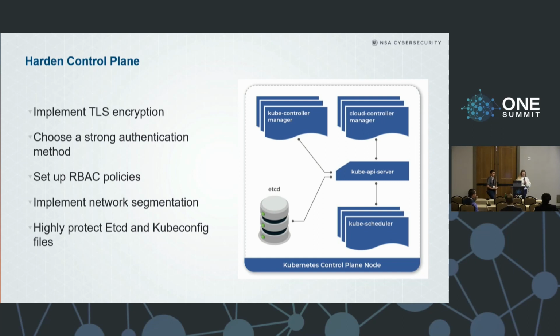You want to use least privilege when you're creating these RBAC policies to not allow too much privilege to any specific person. And then lastly, protecting the etcd data store with authentication. One way to do this could be using a separate TLS certificate and RBAC policies than you're using for the rest of your cluster.